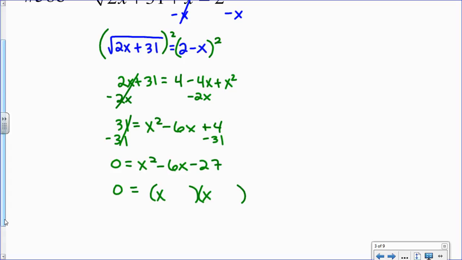So I need numbers that multiply to be negative 27 and add to be negative 6, negative 9 and positive 3. So that means that x equals 9 and negative 3. Okay, we need to check.